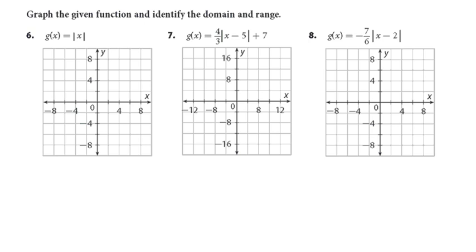Okay, next odd number problem, 7. We have g of x equals 4/3 absolute value of x minus 5, plus 7. Here the coordinate pair h comma k is equal to 5 comma 7.